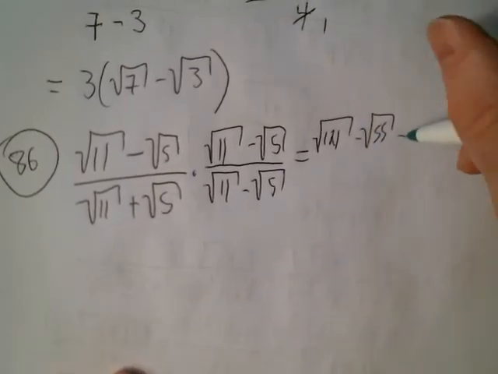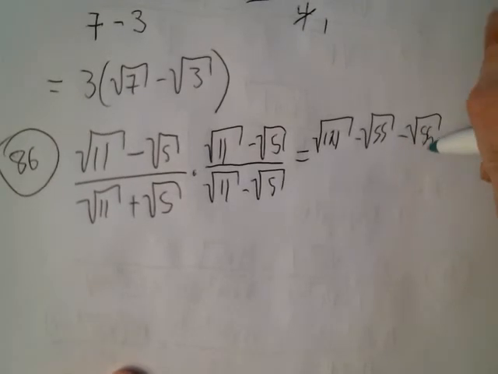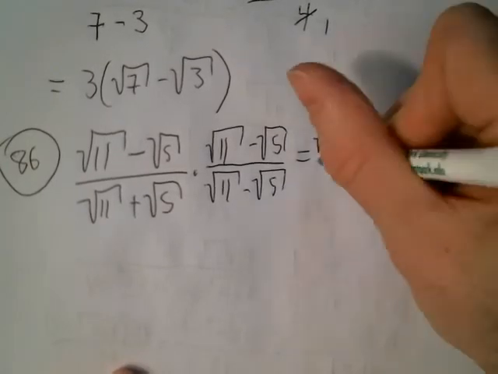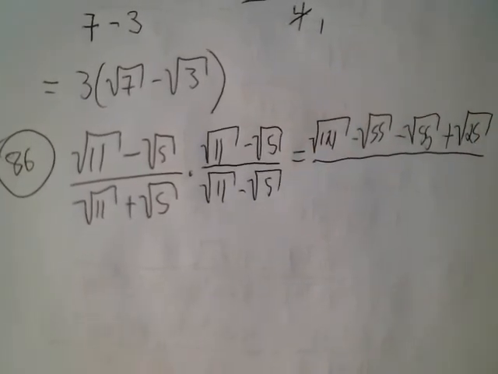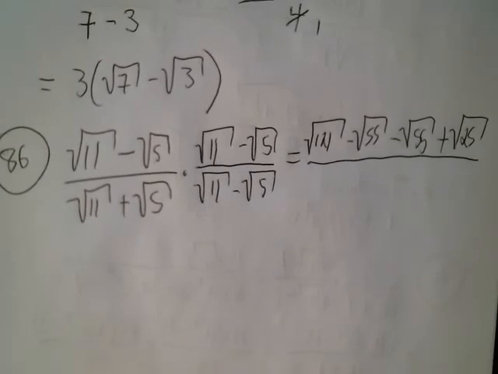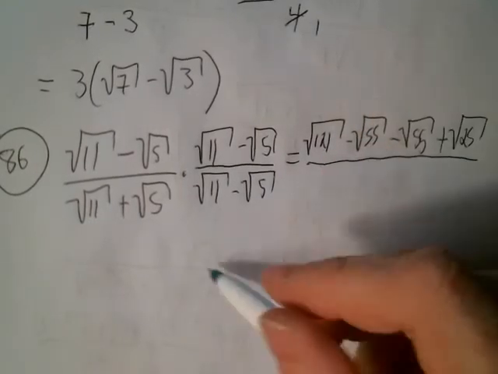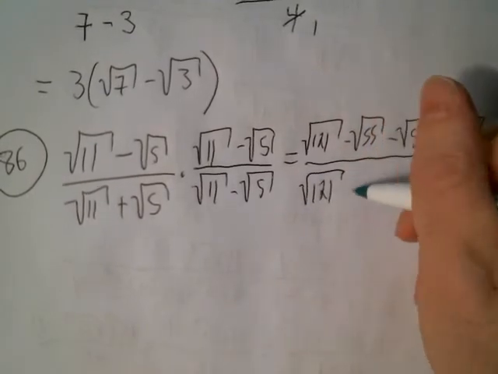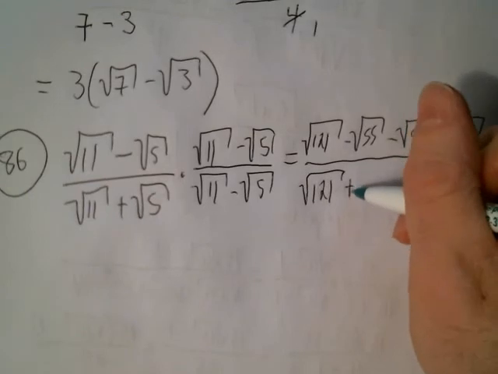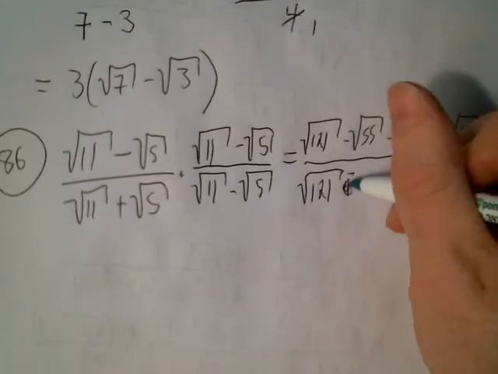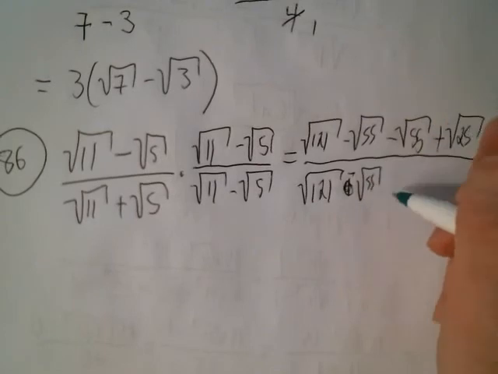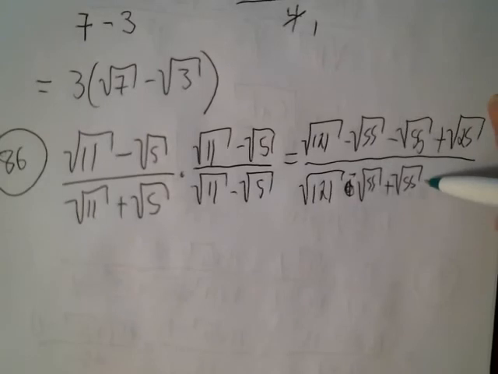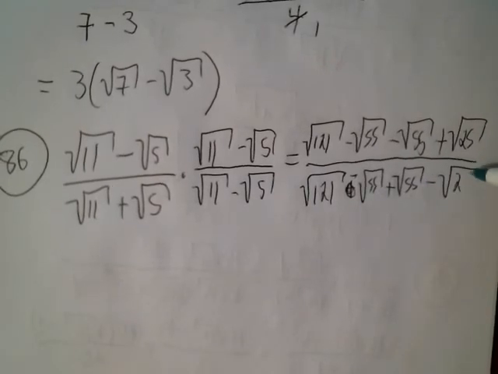The inner, again, minus square root 55. And then the last, plus square root 25. Downstairs, you have almost the same thing, except the signs are a bit different. So square root 121, the outer would be minus square root 55, and then the inner plus square root 55, and then the last minus square root 25.